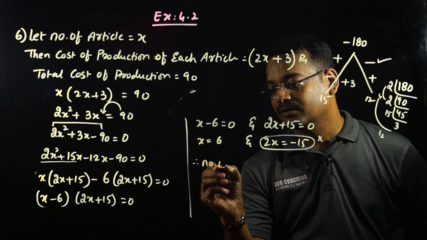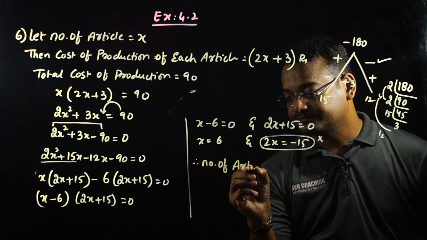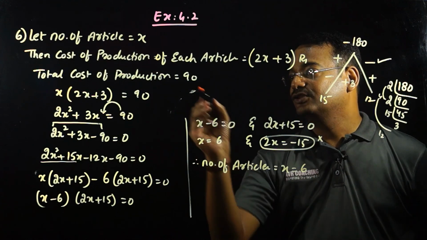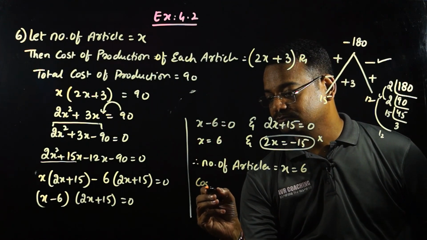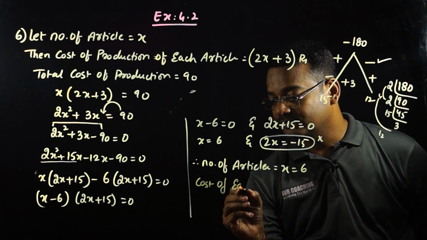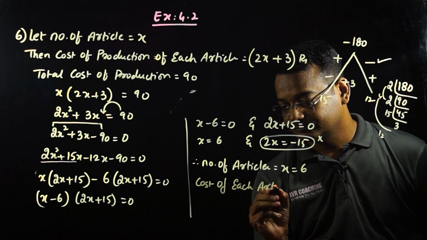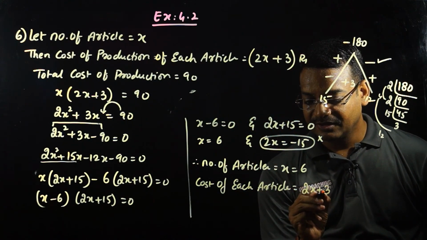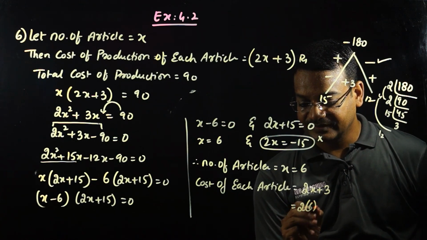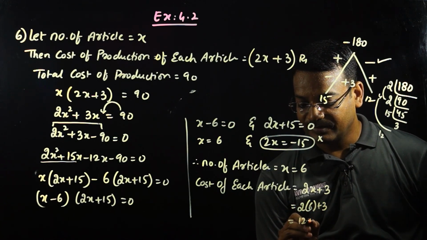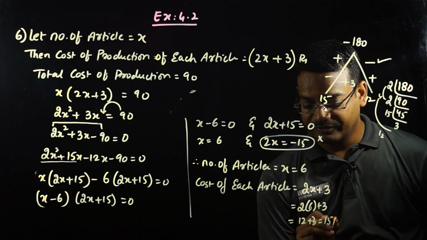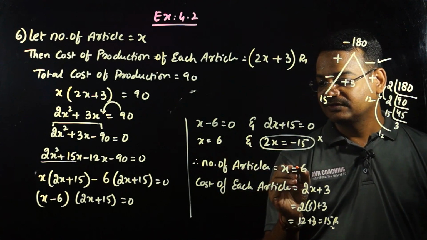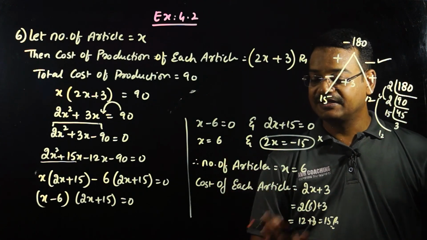Therefore the number of articles is equal to x, which is equal to 6, and the cost of each article is 2x plus 3, which is equal to 2 into 6 plus 3, that is 12 plus 3 equal to 15 rupees. Therefore, the number of articles produced on that particular day was 6 and the cost of each article was 15.